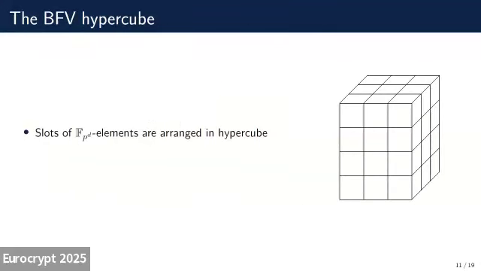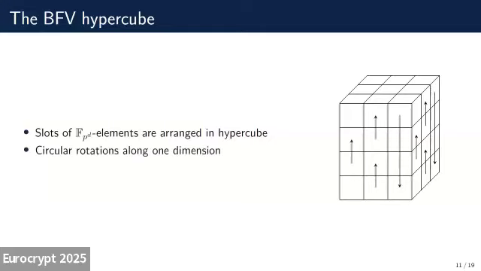Okay, now I'd like to dive a little bit deeper into this ciphertext packing and the hypercube structure. Let me start with an example for the regular BFE scheme. In this example, you can see a 3 by 3 by 4 dimensional hypercube, and you can think of each of these minicubes as if it holds one finite field element.